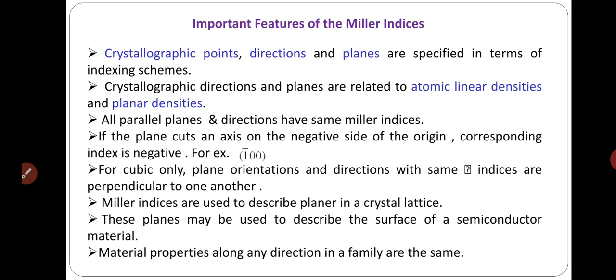All parallel planes and directions have the same Miller indices. And as we have discussed, when the plane cuts the negative side of the origin, the corresponding index is negative. For cubic only, plane orientations and directions with the same indices are perpendicular to one another.